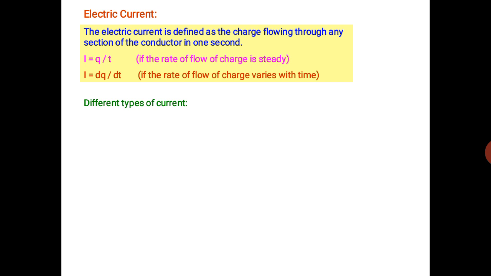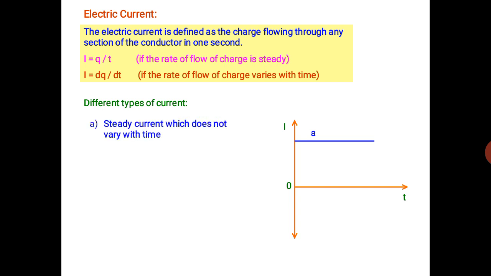Different types of current. See this graph. The x-axis is taken as the time axis, and the y-axis as the current axis. The line which is parallel to the time axis shows current is not changing, or constant, and this current is called steady current.